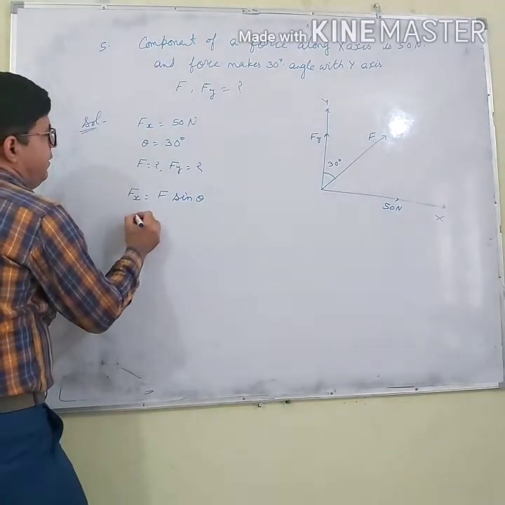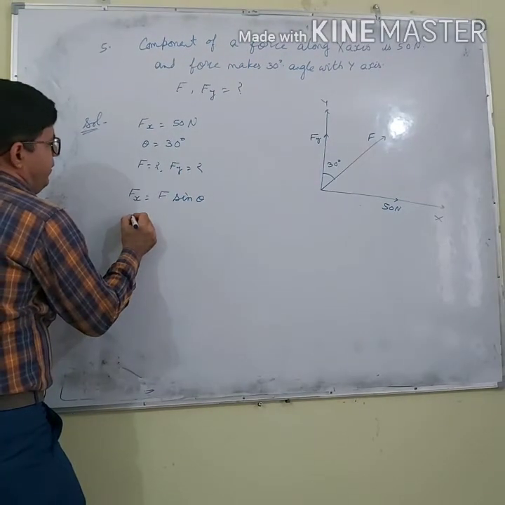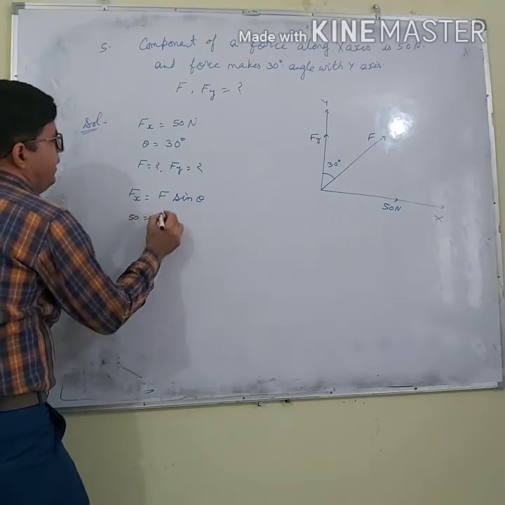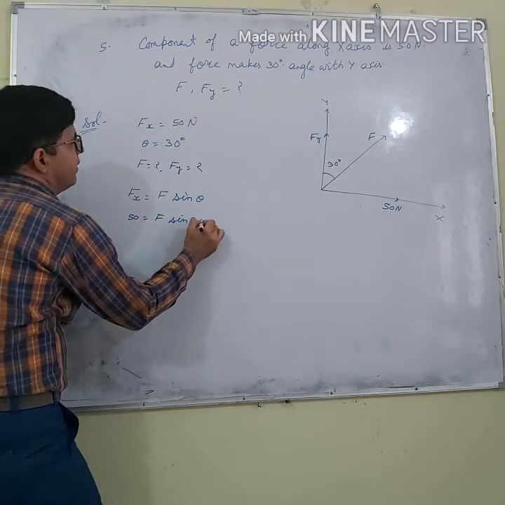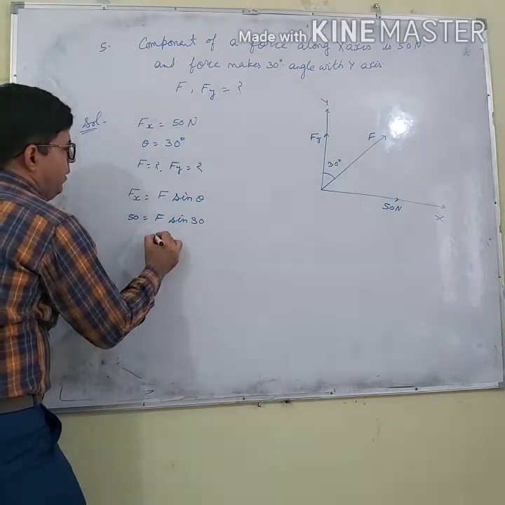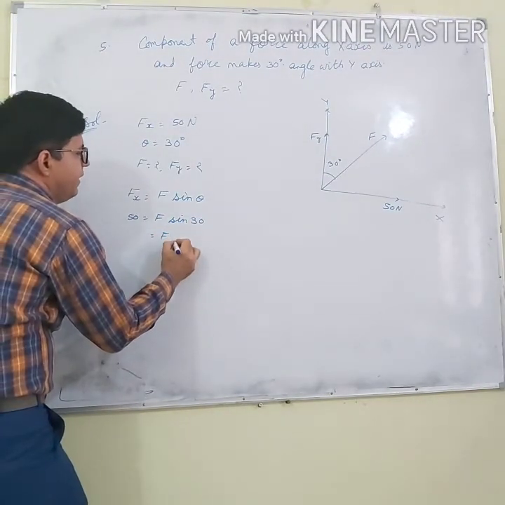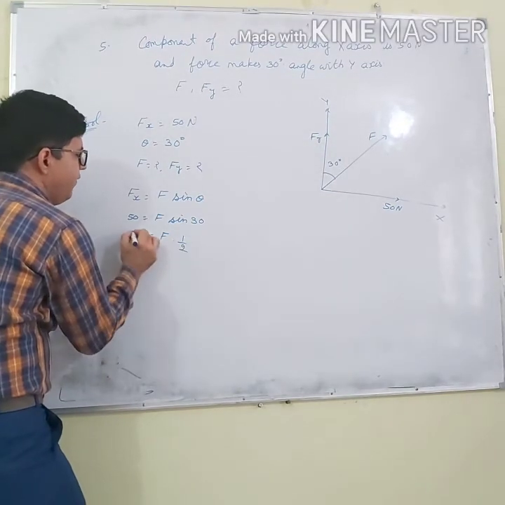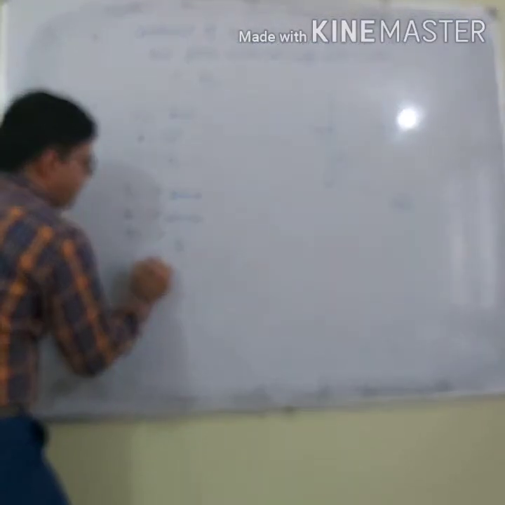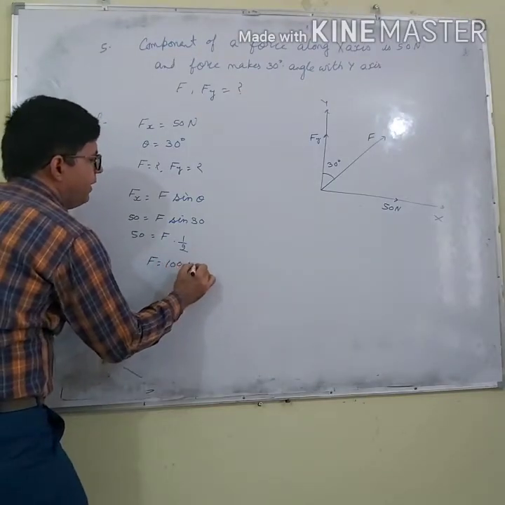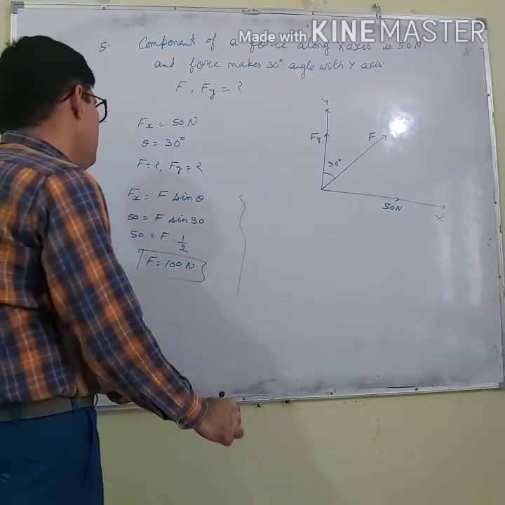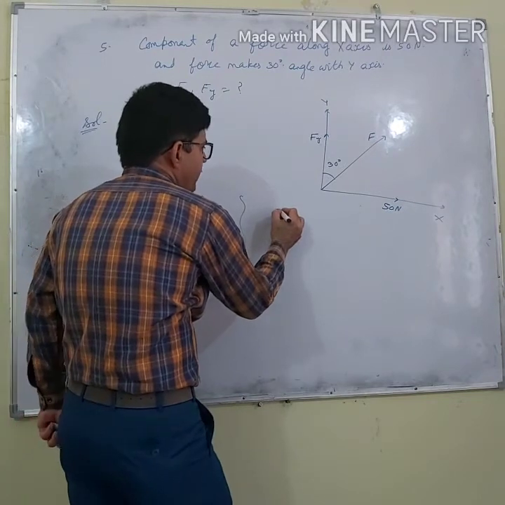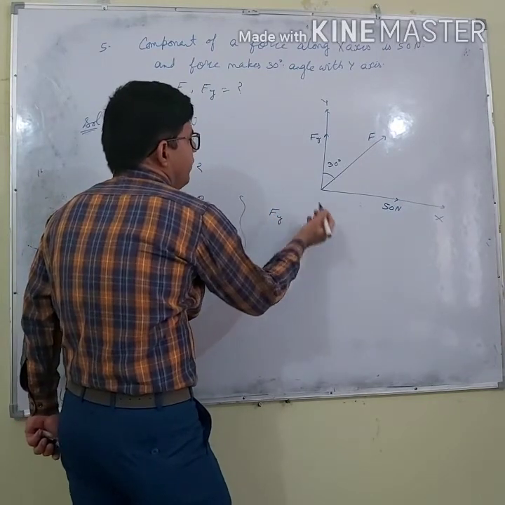So I can say it is 50 equals F sin 30. And what is sin 30? Sin 30 is half. So F is 100 Newton.